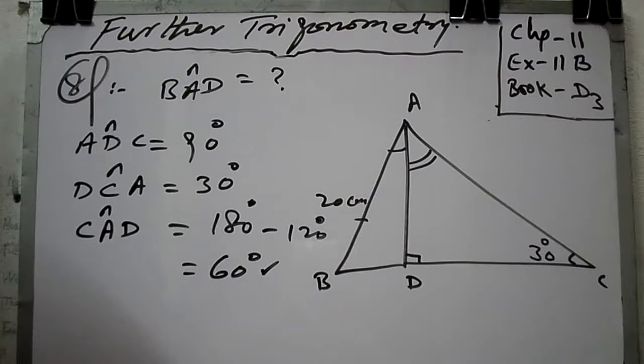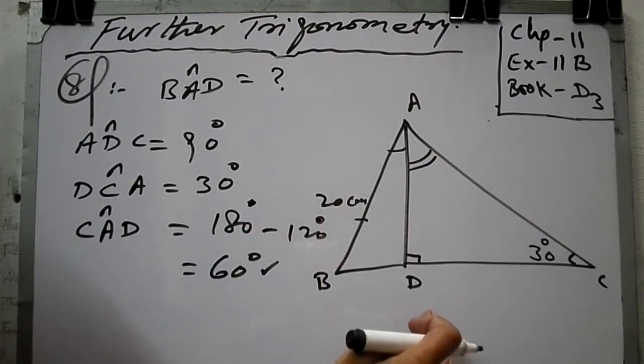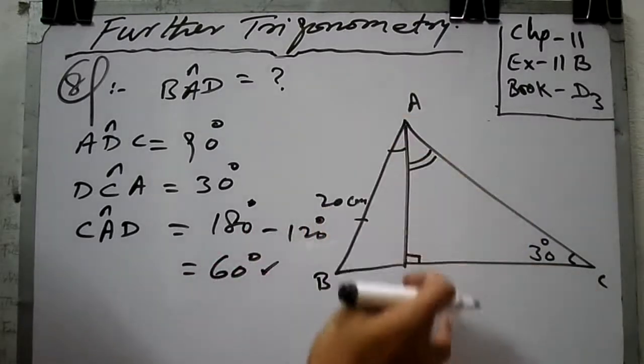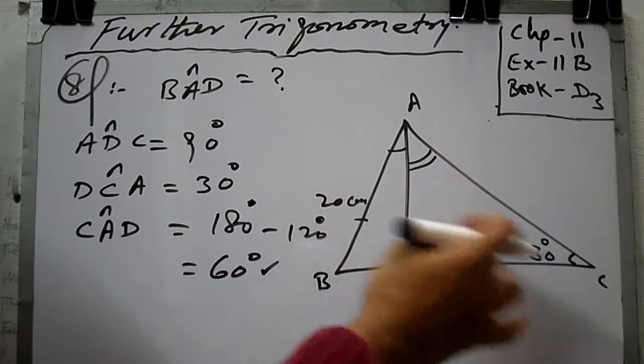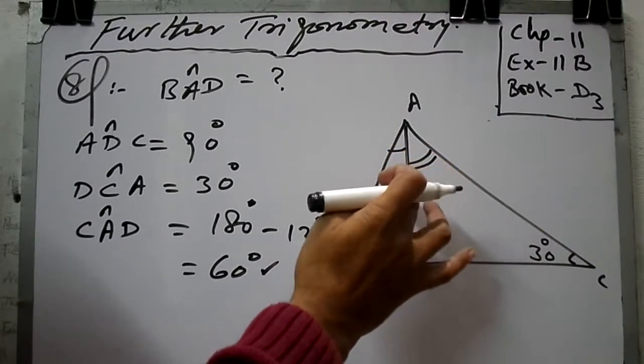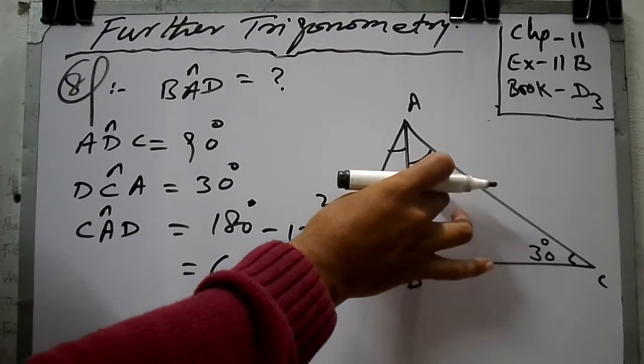So here is your 60, as the BAD and CAD, so these two angles are given, and the value is 90 degree.